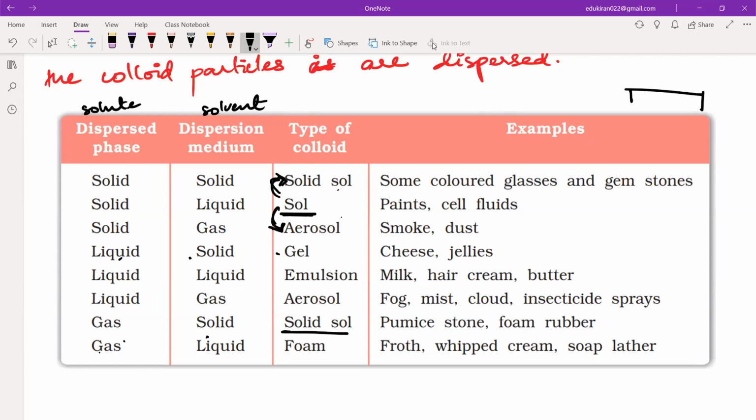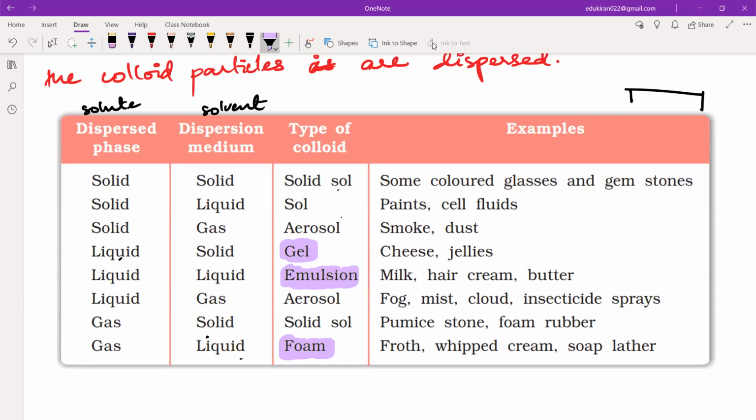When we have gas inside liquid, it is known as foam. So you have to remember three important things: emulsion, foam, and also gel.